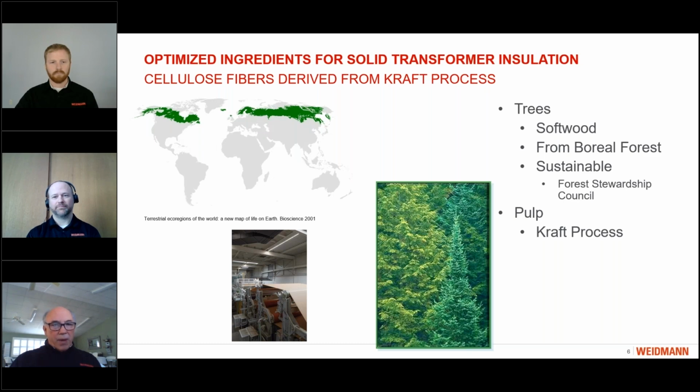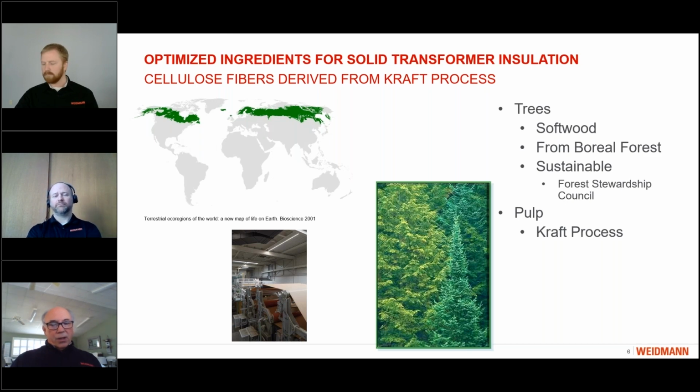And I put this map here in the upper left of the boreal. These are old growth forests, typically in the northern climates. And because these trees grow so slow, we end up getting very, very strong fibers for that. Again, we can't put any strength additives in our material, so it's really important to start with good fiber.